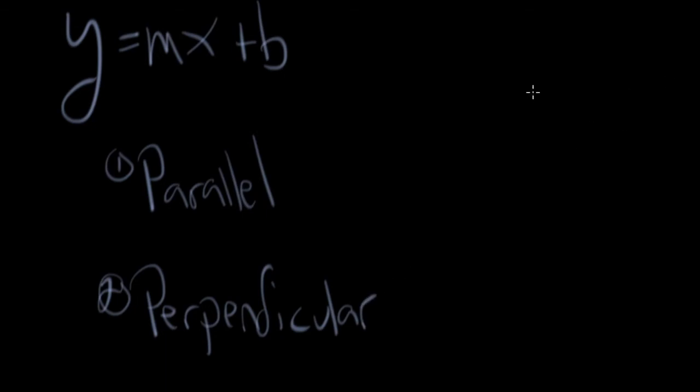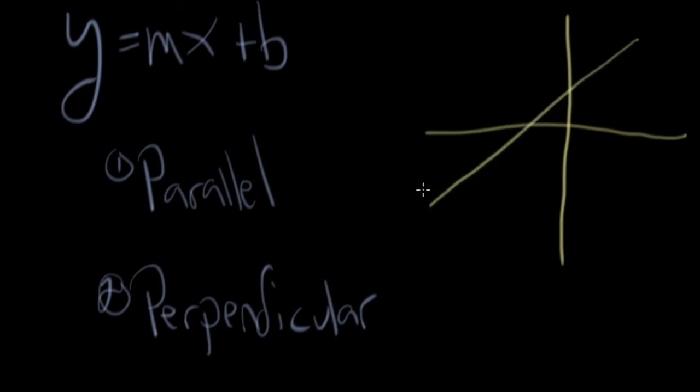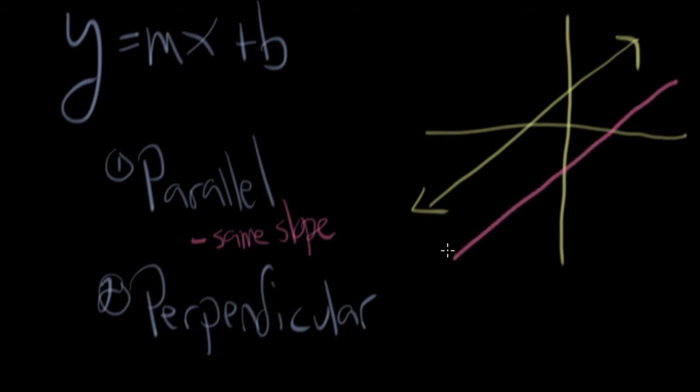So parallel line, so here's just our giant graph. And here is our major line. So this is the line that we'll be talking about. Now, a parallel line has the same slope. Okay. So if I was going to draw another line just like this, it has to be parallel, so it's going to have the exact same slope, the same m, so it would be something like that.